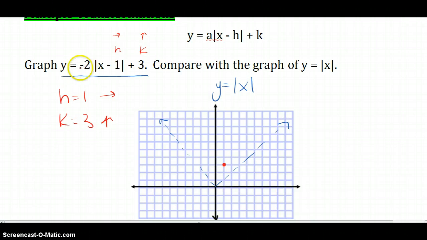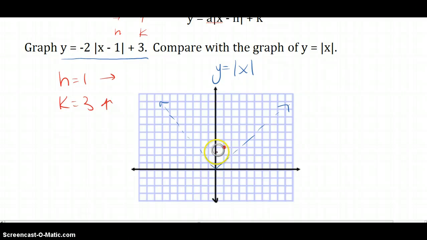Then this negative 2, it's negative, so that means I need to flip it over the x-axis. So now that means my V is going to be opening down. And I have a new slope of 2. 2 is greater than 1, so I should know that when I make my graph, it's going to be a skinnier V. And I'm going to have a slope of 2 instead of 1.